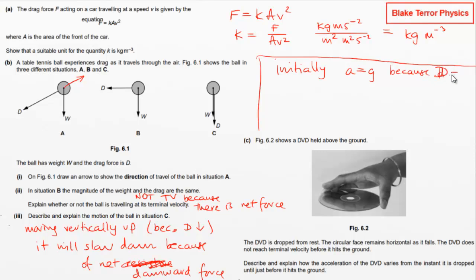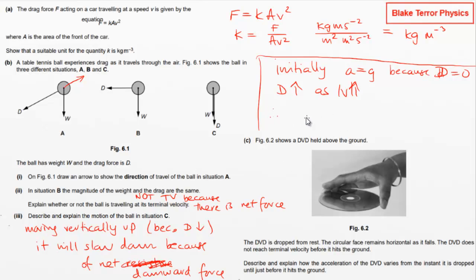Let's call that a capital D. After this, of course, we can then say that the drag will increase as v increases, or the speed increases, whichever way. Let's put the magnitude of v increases. So the drag increases as the magnitude of v increases.